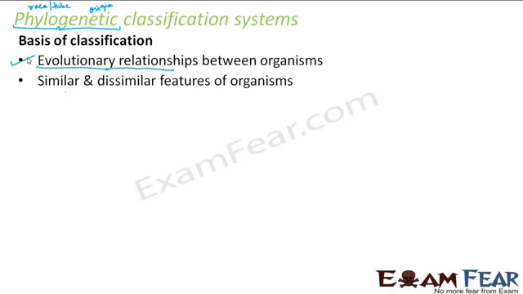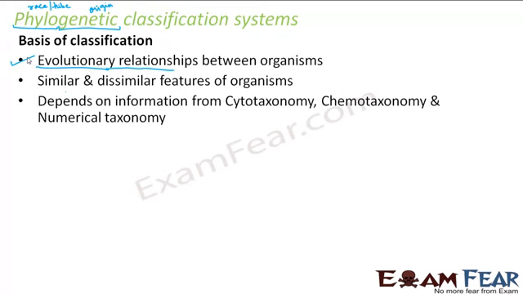Due to this issue with the fossil records, they took help from many other branches of science to derive the evolutionary relationship between organisms. So this classification system depends on information from cytotaxonomy, chemotaxonomy, and numerical taxonomy.